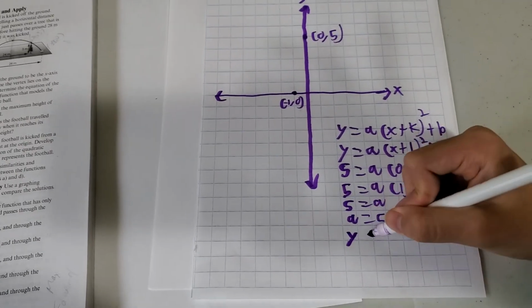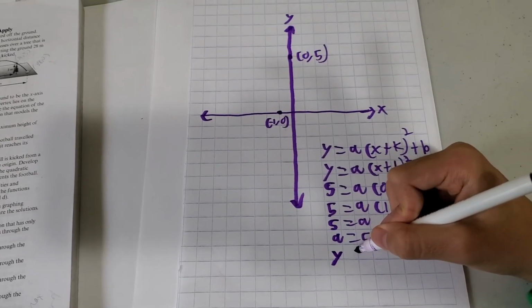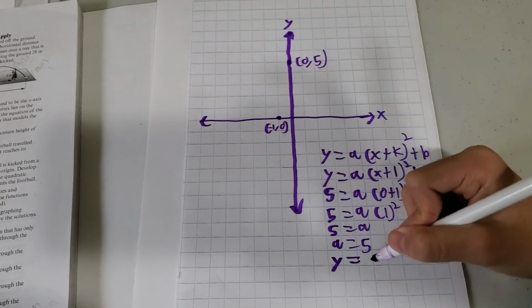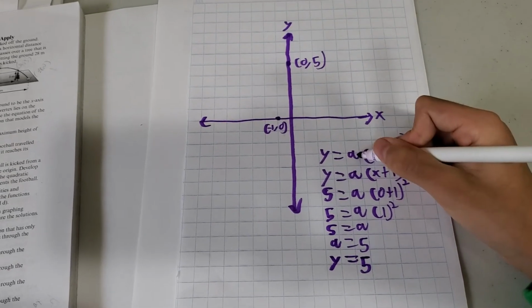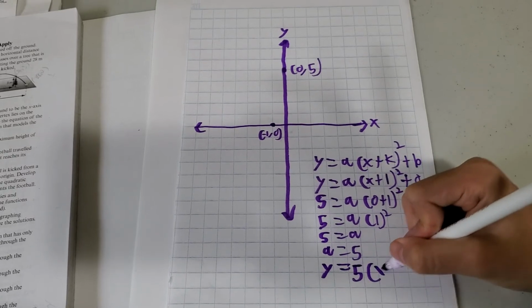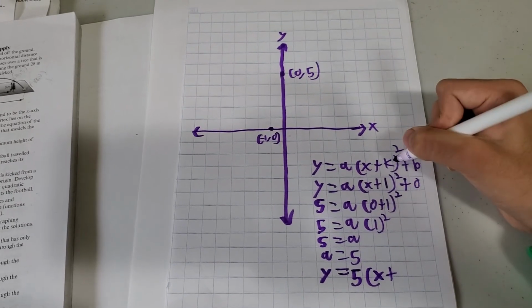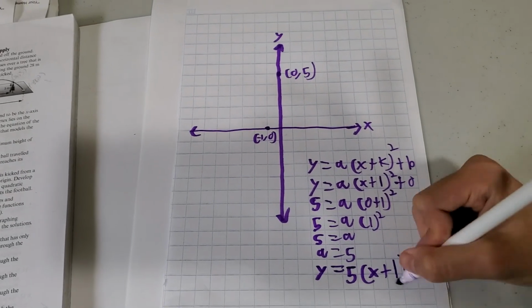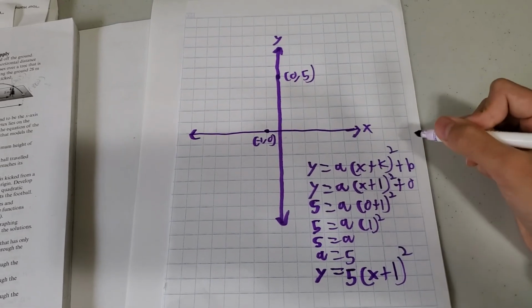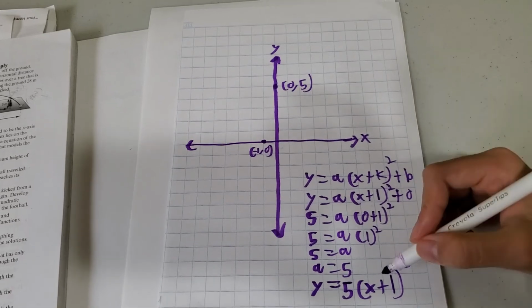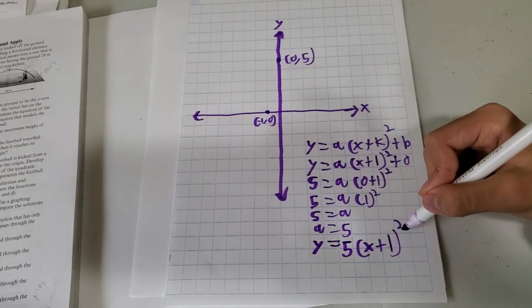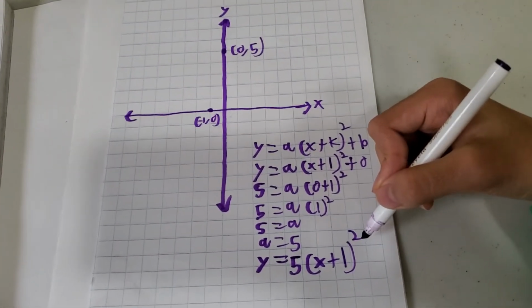We keep the y and x as they are, y because it's a function. y equals 5, we sub in for a here, (x plus 1), since k is 1, squared, and plus 0. So y equals 5 times (x plus 1) squared.